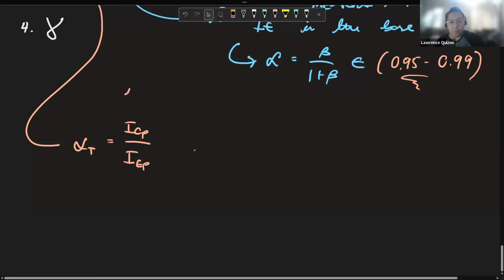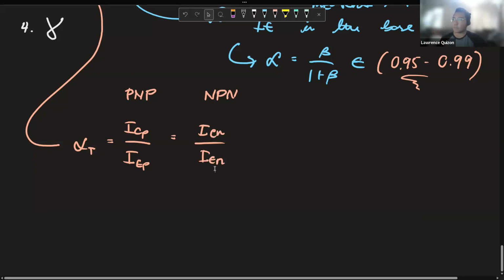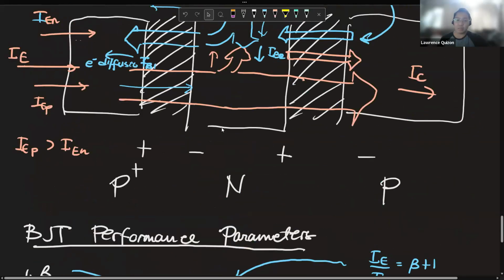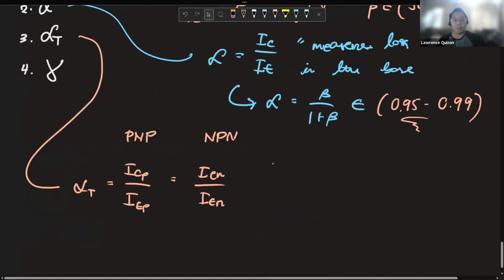So for PNP, this is ICP over IEP. For NPN, this is ICN over IEN, right? And it also measures the amount of main carriers, main carriers na lang, the amount of main carriers lost in the base.